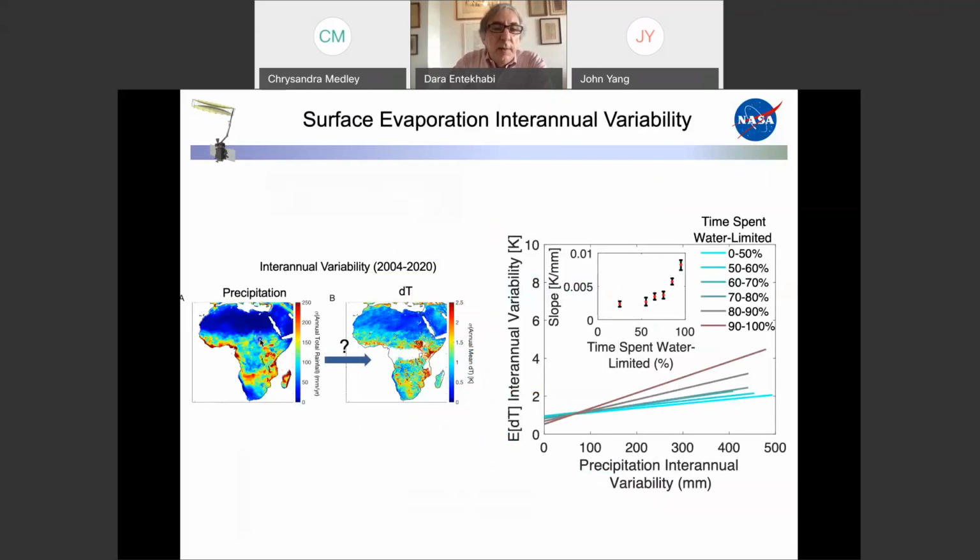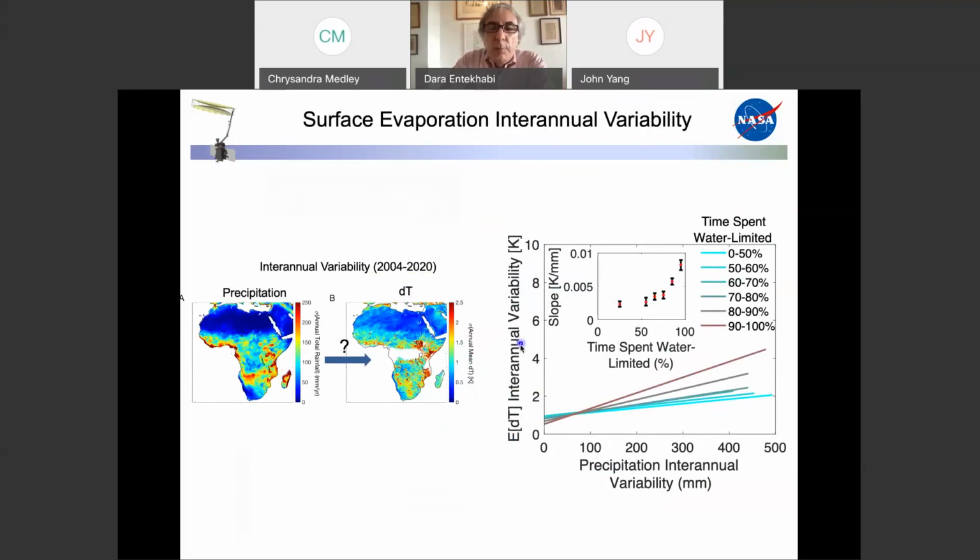So this was the transformation that we were questioning. How much of the interannual variability in precipitation is translated into surface flux variability, or put the other way, how much of the surface flux variability is derived from precipitation forcing?